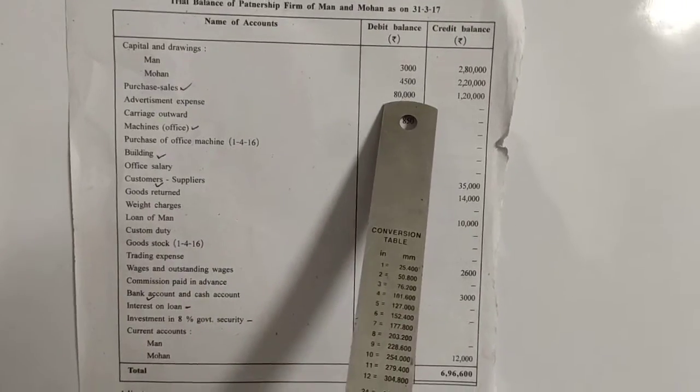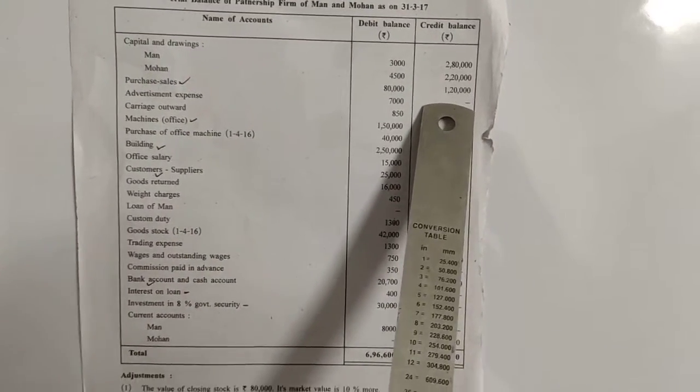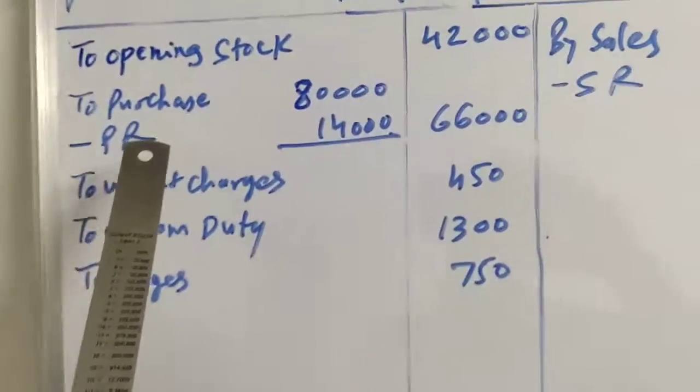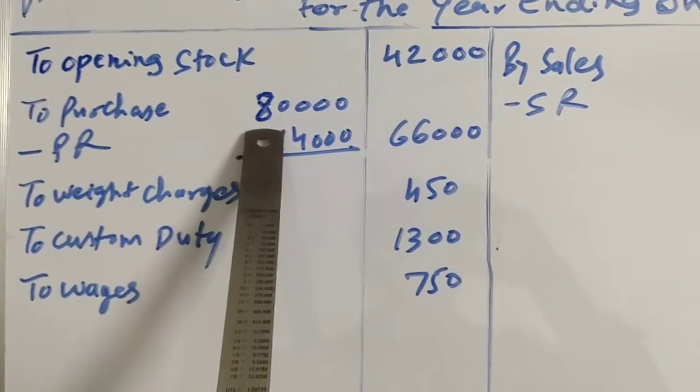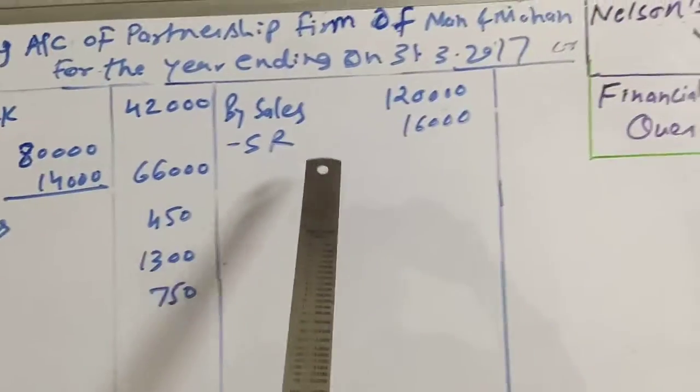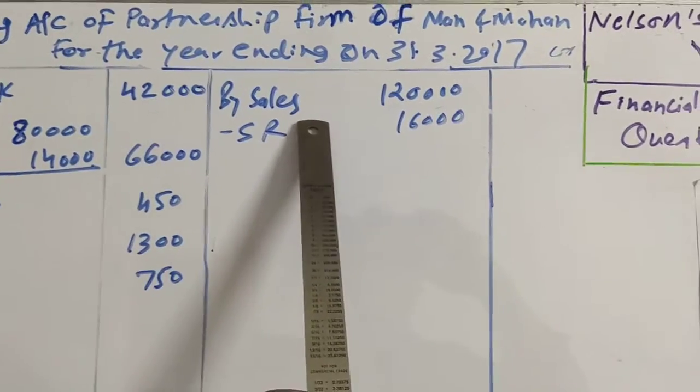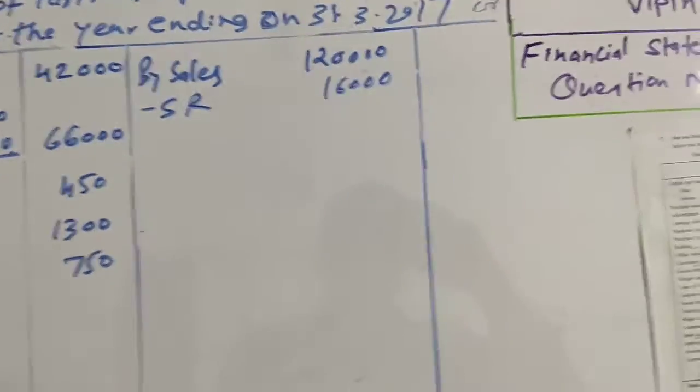Purchase 80,000 and sales 1,20,000. We very well know where to record. Purchase is recorded in trading account debit side, so here it is, to purchase 80,000. Sales is recorded at the credit of trading account, so by sales 1,20,000.